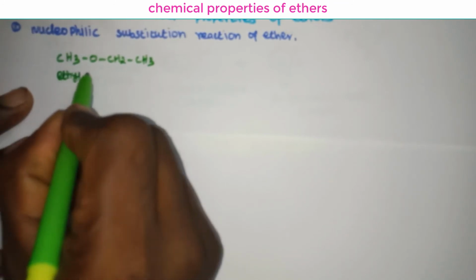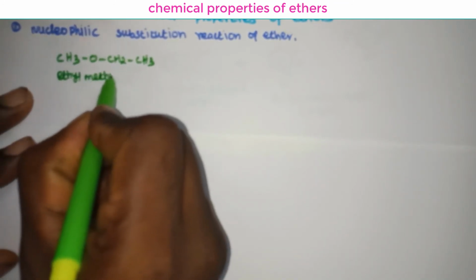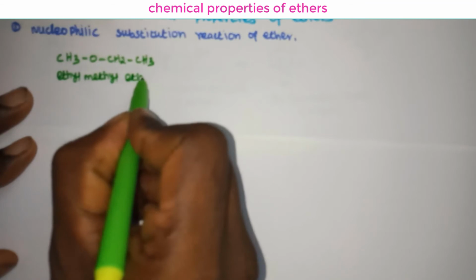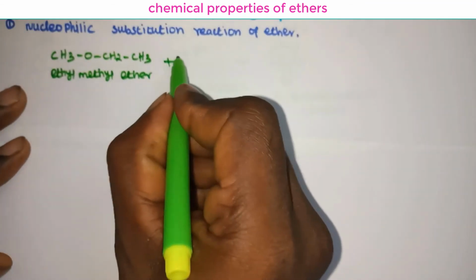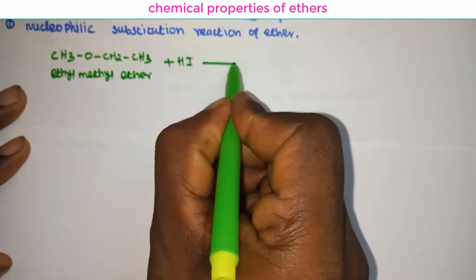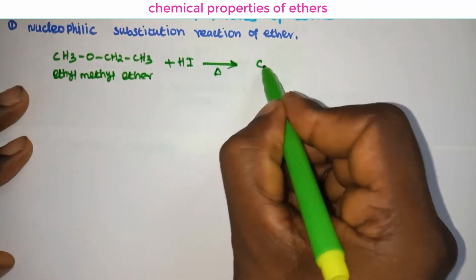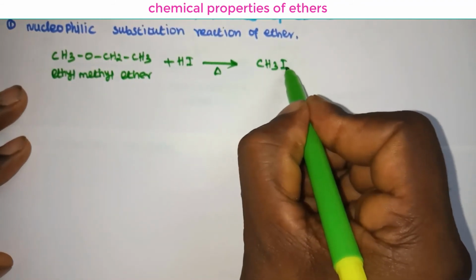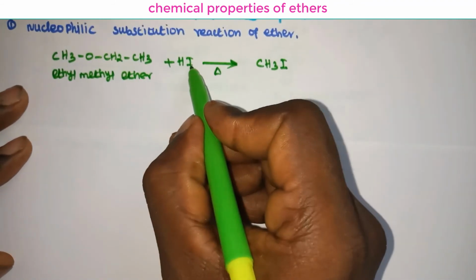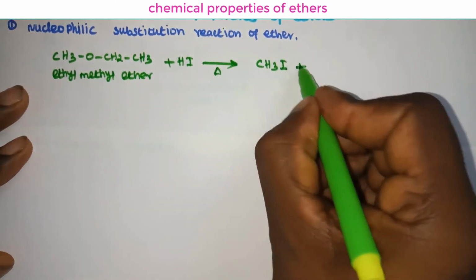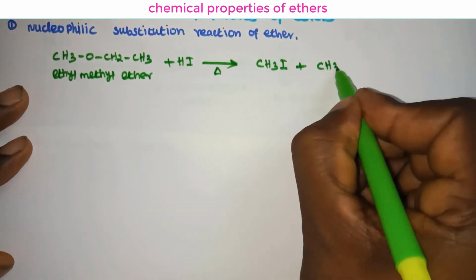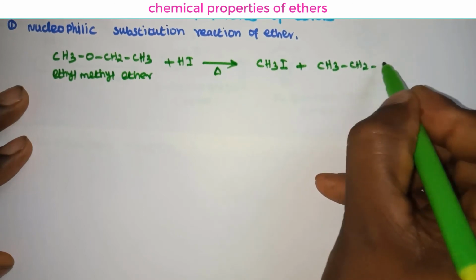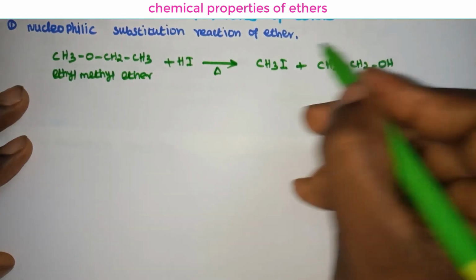It reacts with hydrogen iodide on heating to form CH3I. The smallest alkyl group reacts with halogen to form alkyl halide, and alcohol formation takes place, CH3CH2OH. Name of this compound is ethyl alcohol.